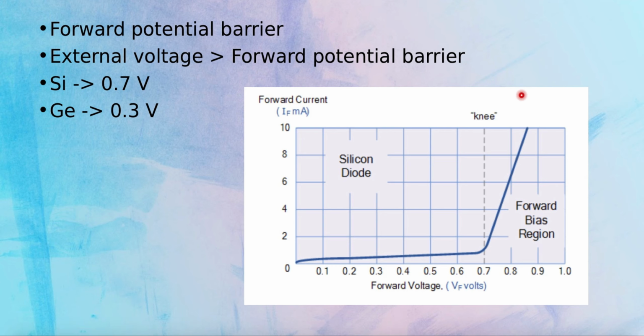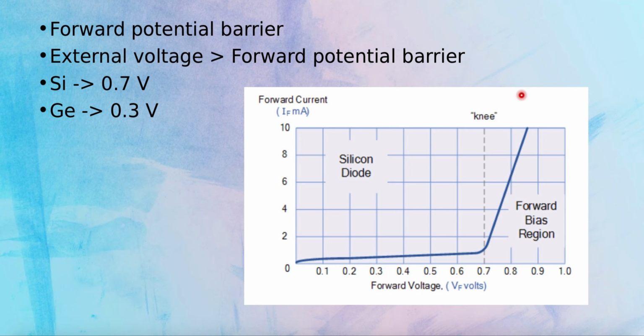We also saw that a diode could be made to conduct electricity by applying 2 types of potential difference across it, a positive potential called forward bias, and a negative potential difference called reverse bias. We also saw in detail about forward bias.